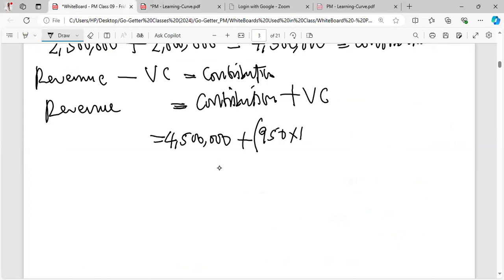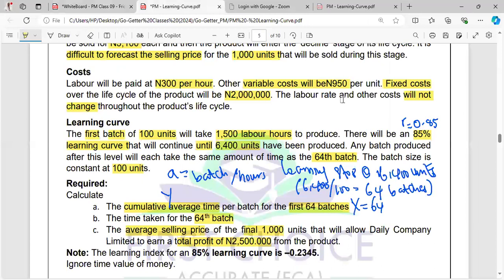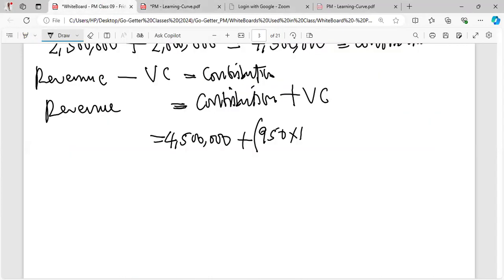Other variable costs will not be multiplied by in units. If you want to make it per batch, you just multiply by 100. But let's leave it here. It is per unit multiplied by 10,000 units.